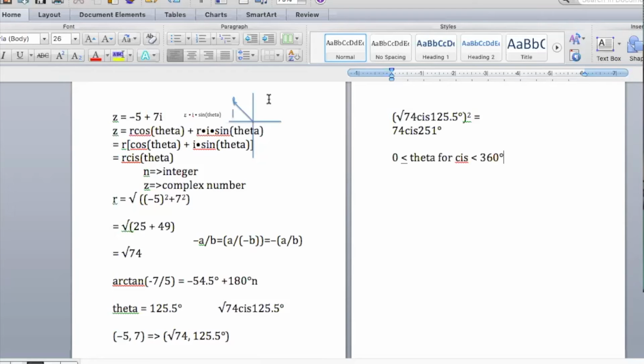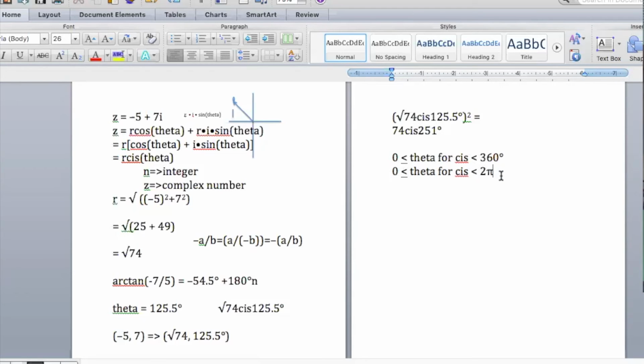Oh, by the way, one thing to mention here is that when we're writing out cis, the theta should be greater than or equal to 0 and less than 360, or greater than or equal to 0 and less than 2 pi.